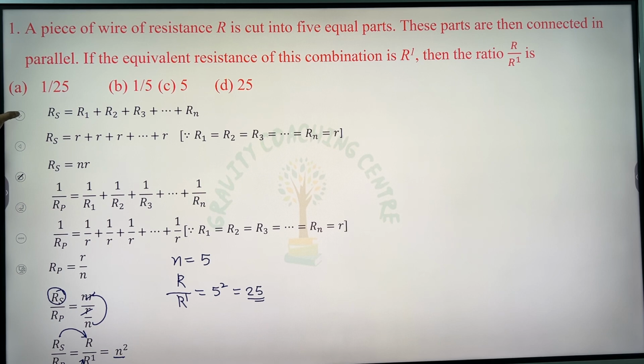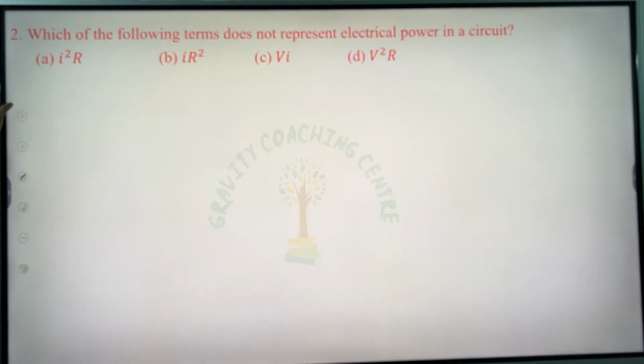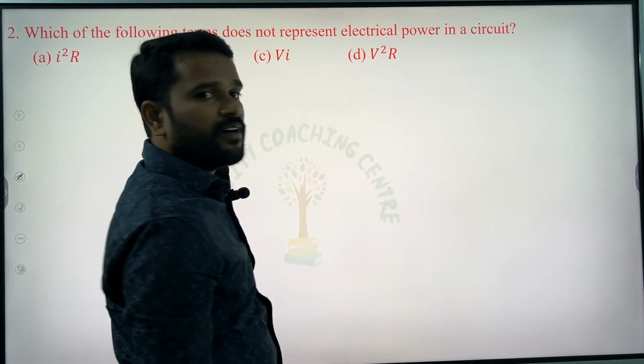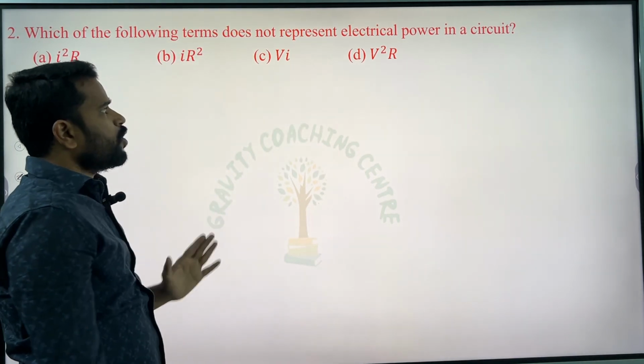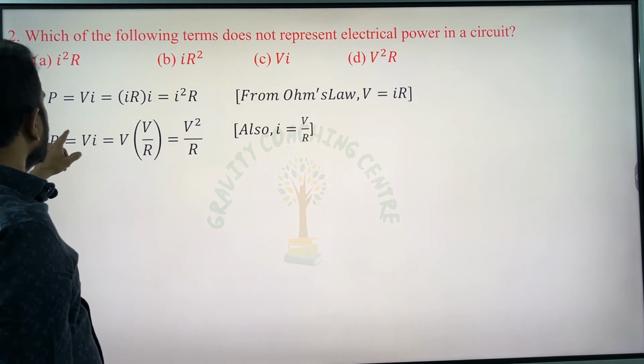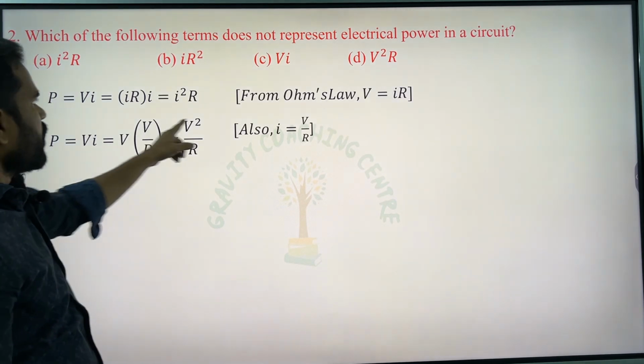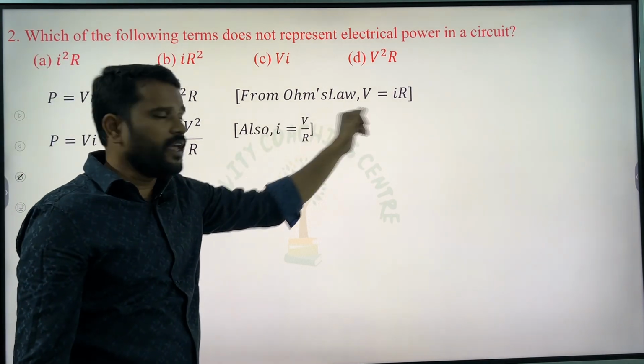Understood? Let us go to the second question. Which of the following terms does not represent electrical power in a circuit? So what we know is power is equals to VI. From Ohm's law, V equal to IR.